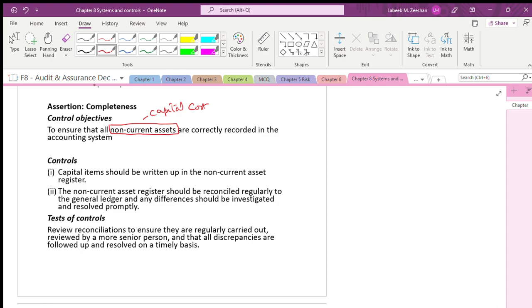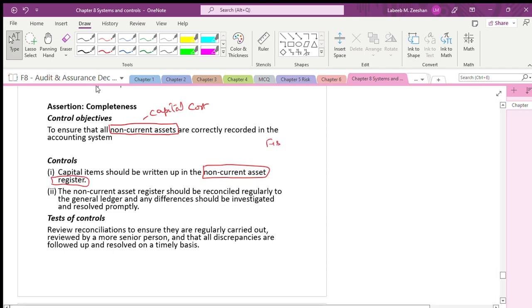Capital items should be written up in the non-current asset register. I told you previously also, this is the basic, the first point of entry, and it applies only for non-current assets.